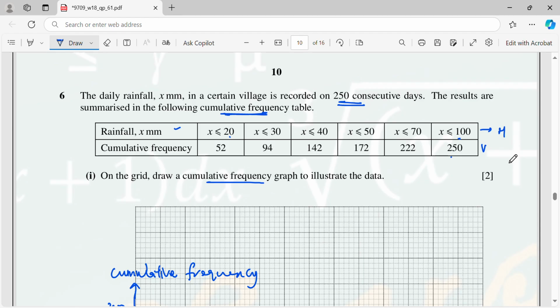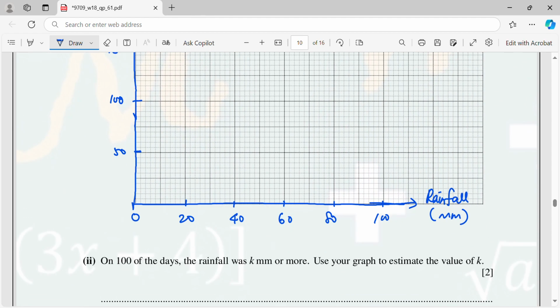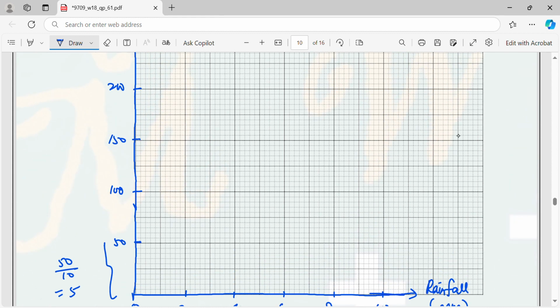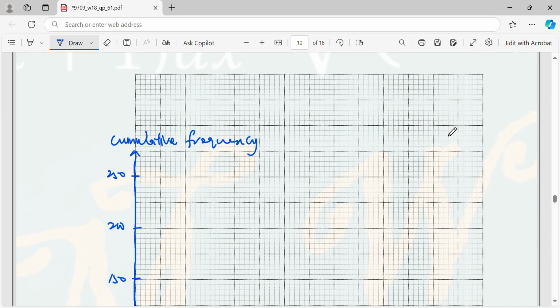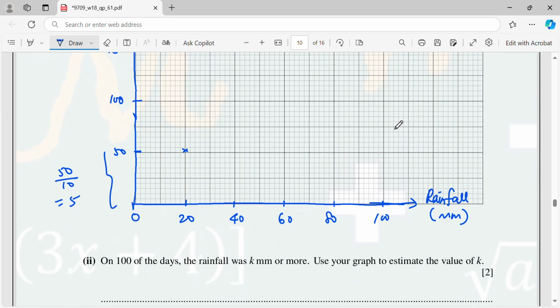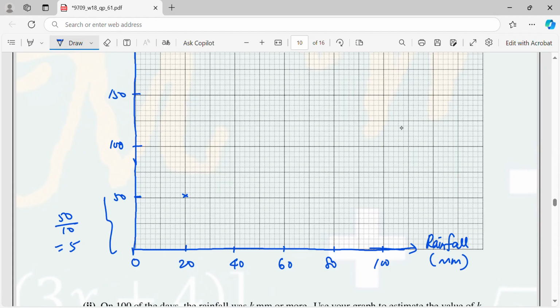So I will label this as cumulative frequency. Okay, so now mark all the points. Less than or equal to 20, it will be 52. So now remember here 50 units for 10 squares, each unit is 5. Right, 52 means it will be somewhere here. Then less than or equal to 30, it will be 94. 94 means here is 90.